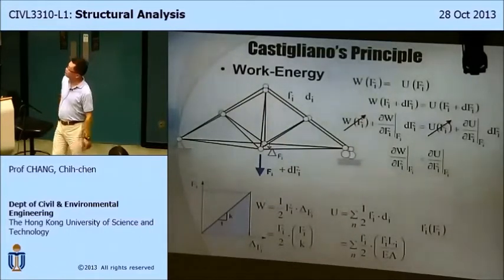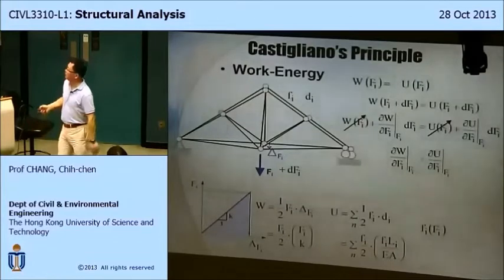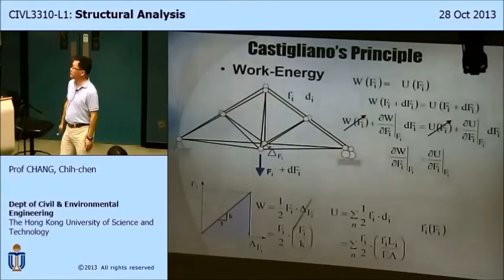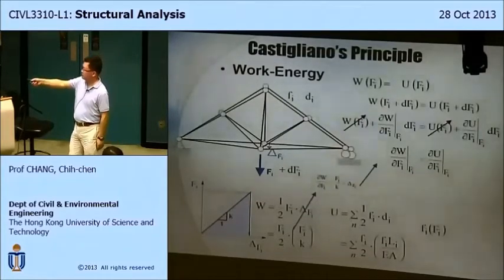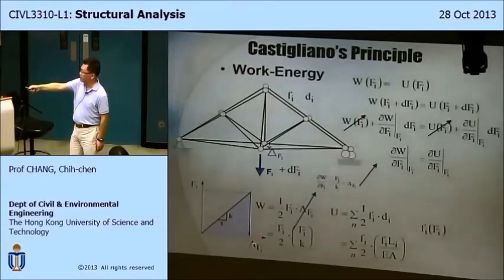Okay, so how can you use it? Well, one more step is this. So W is this expression. So when you take ∂W/∂Fi, it tells us that it's Fi over K. Fi over K is equal to delta Fi.